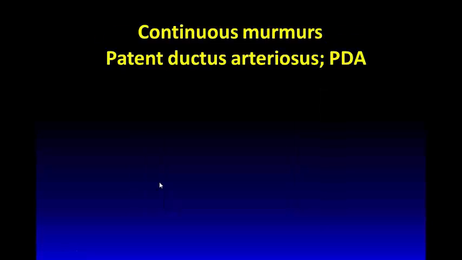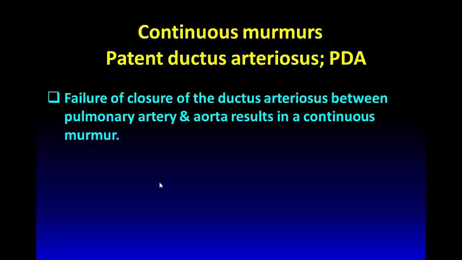Lastly, let's describe the continuous murmur of patent ductus arteriosus. In the fetal circulation, there is a connection between the pulmonary artery and the aorta.